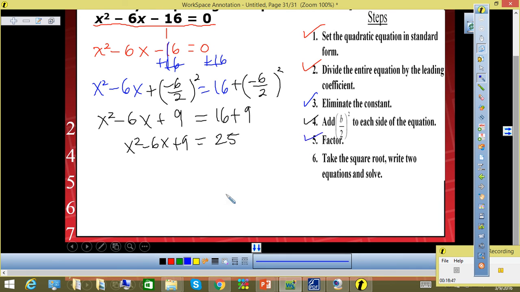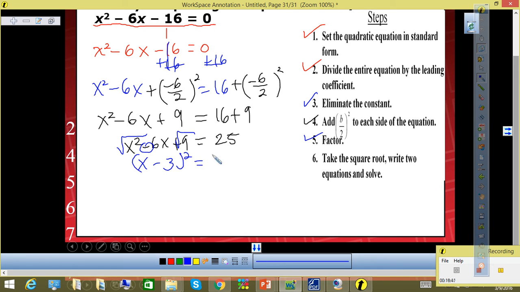Let's go to factor. Do we know the shortcut already? Why do we use the shortcut? Because it's shorter. Because it's a perfect square, my goodness. Square root of the first, x, square root of the last, 3, sign of the middle term, minus.